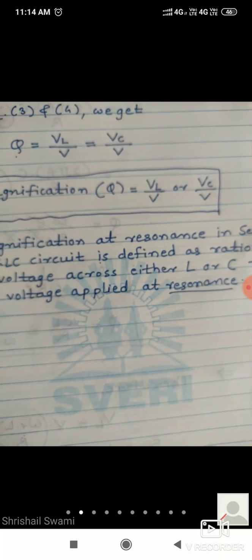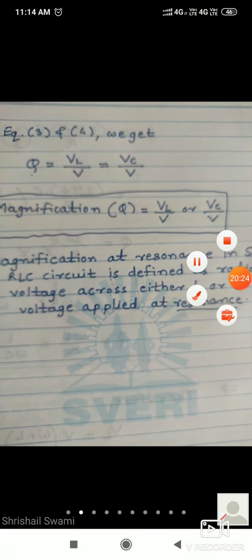This question was asked for 2 marks, and the same question for parallel resonance, so combined it was asked for 4 marks: explain the magnification in series and parallel resonance circuits. Do you understand? Any doubt? So we'll start the problem solving. Question number 1.